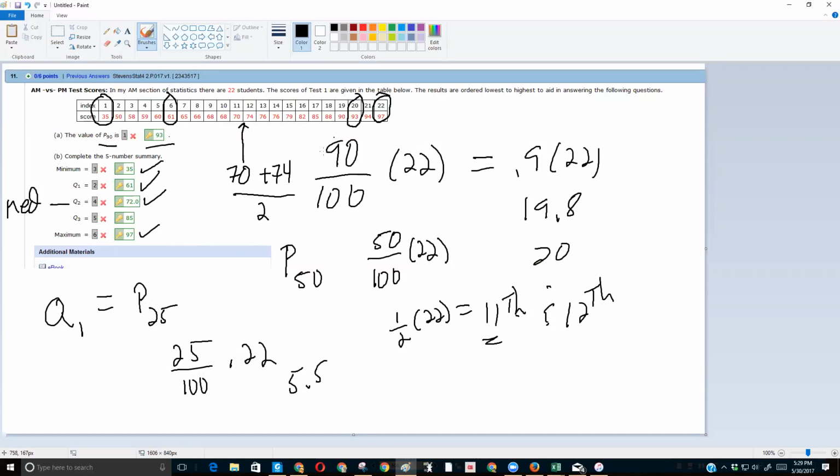And then the upper quartile, Q3, that's the same thing as the 75th percentile. So 75 divided by 100 times 22 works out to be, I'm really being lazy today, 16.5.